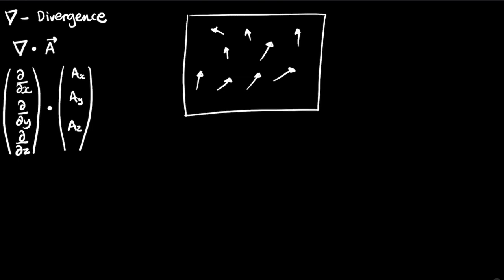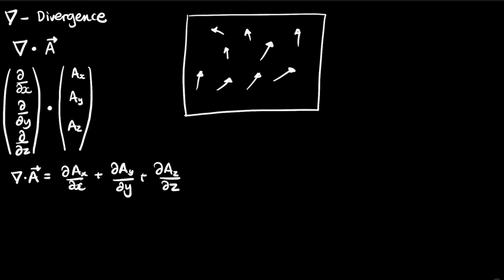It's basically a combination of the dot product with this del operator right here. If I write it out in full, we can see that the divergence of A is dAx by dx plus dAy by dy plus dAz by dz. Now, obviously, this looks very similar to the gradient operator I defined before, but it's actually very different.